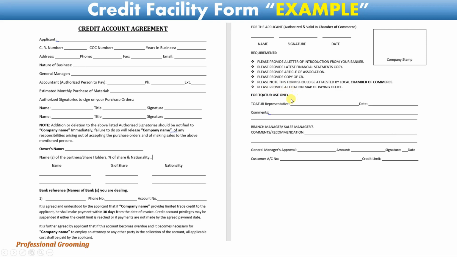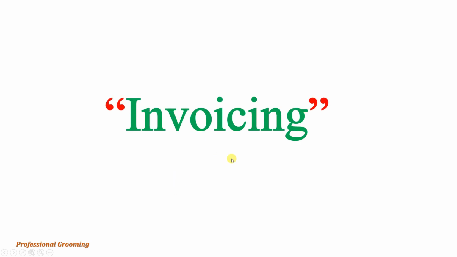So this is for our company use. Here we can write the comments and approvals for this credit agreement. So this is the credit facility form which we need to consider before we deliver any type of goods on credit.